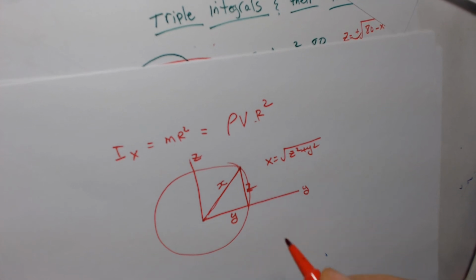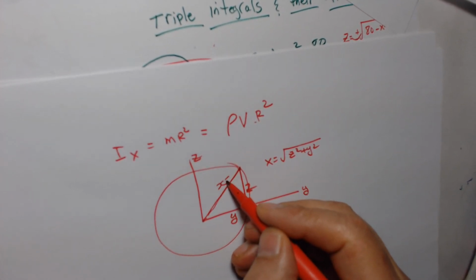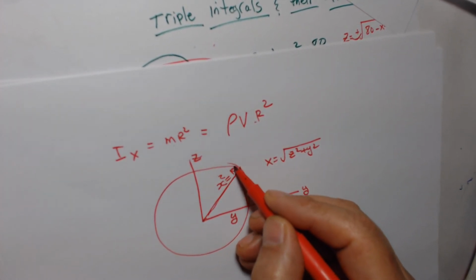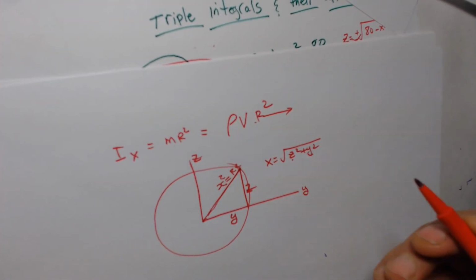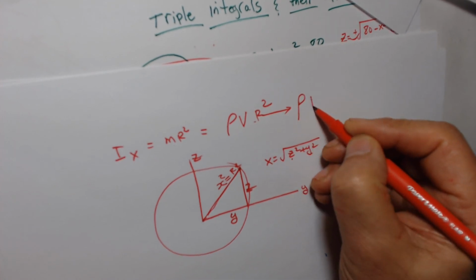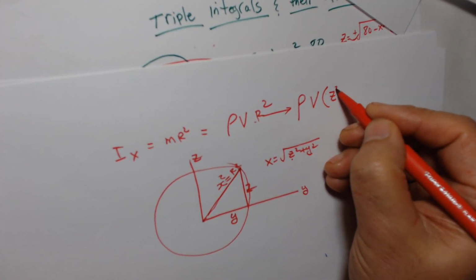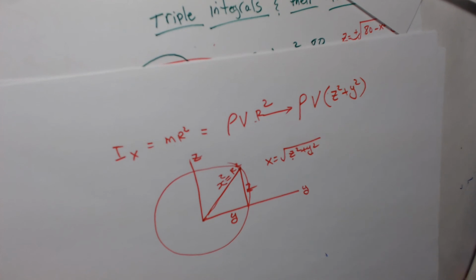But I need r squared because I'm looking for r squared. That r squared is z squared plus y squared. Therefore, rho v times the distance, z squared plus y squared.